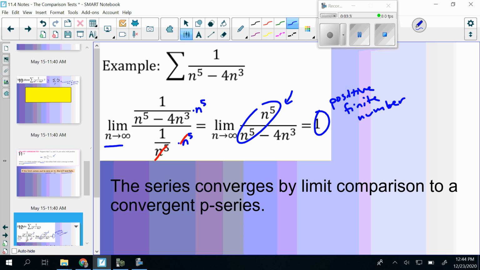So our series here is going to do whatever this series does, and since 1 over n to the 5th is convergent by p-series, then by limit comparison, this one is convergent too. So our series we're looking at is convergent by limit comparison test to a convergent p-series.